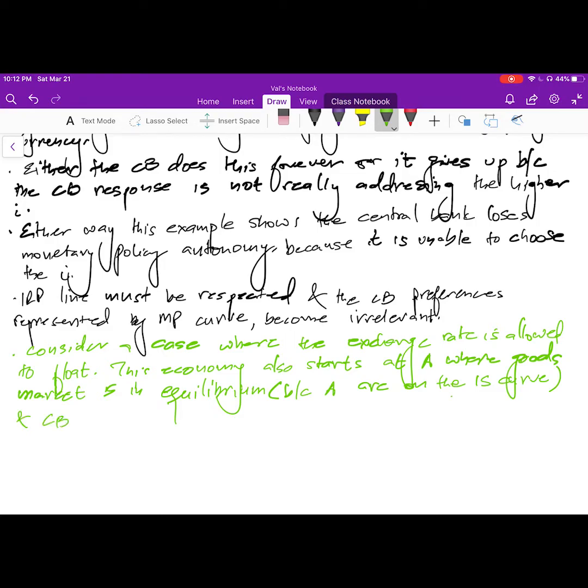And central bank acts independently, once again because A is on the MP curve. Let me change this R to an I star.